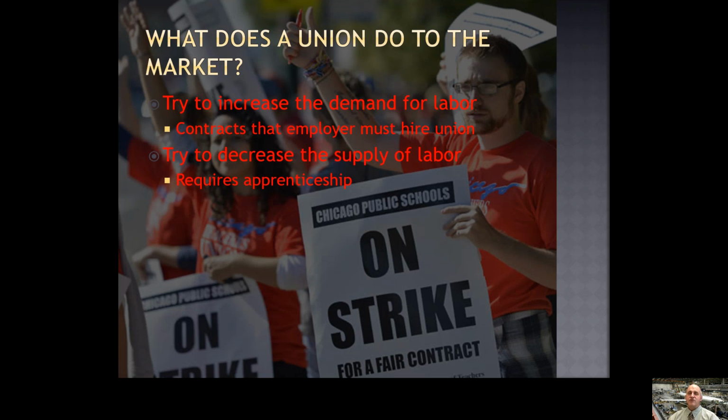The union also might try to decrease or diminish the supply of labor. For example, many types of unions have apprenticeship programs.